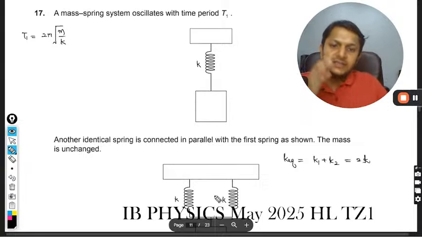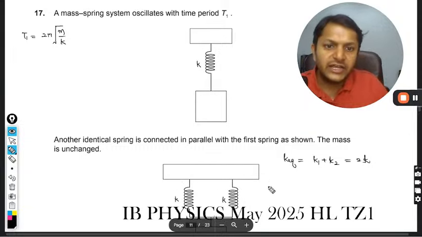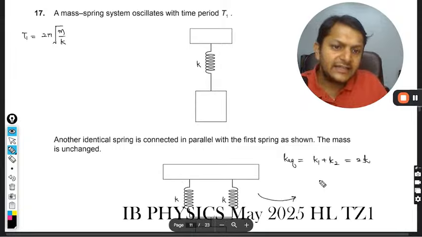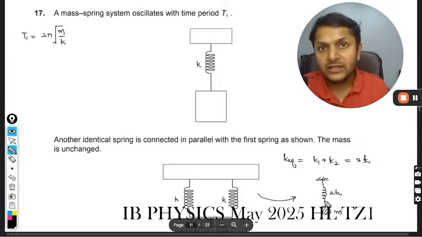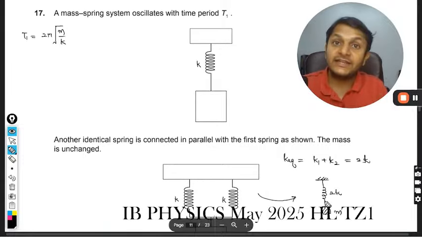So now you can say that the system is equivalent to having one spring and the same mass m, but only that now the spring constant is 2k. This is what you mean by equivalent spring.